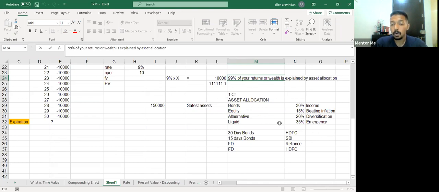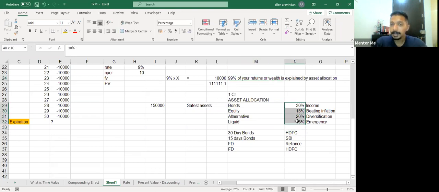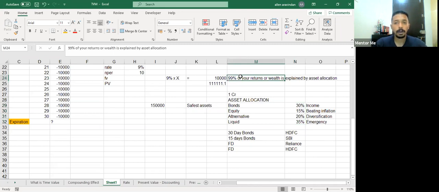So if you end up having a good portfolio at the end, it will be because you had asset allocation in equity or asset allocation in alternatives, not because you selected the perfect stock. The probability of finding that one bumper stock is very low. And even if you find one, it's very difficult to repeat, right? So it's very difficult to repeat. Talk about any investors.